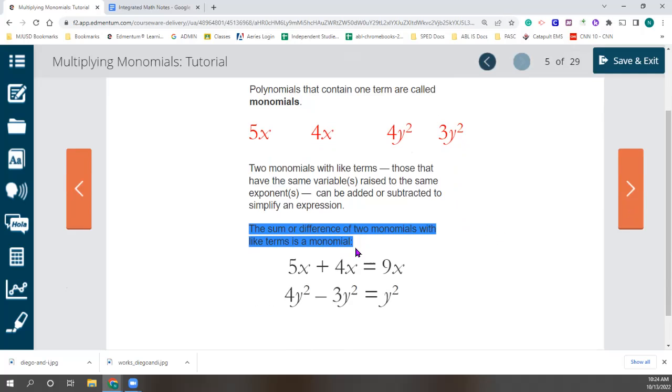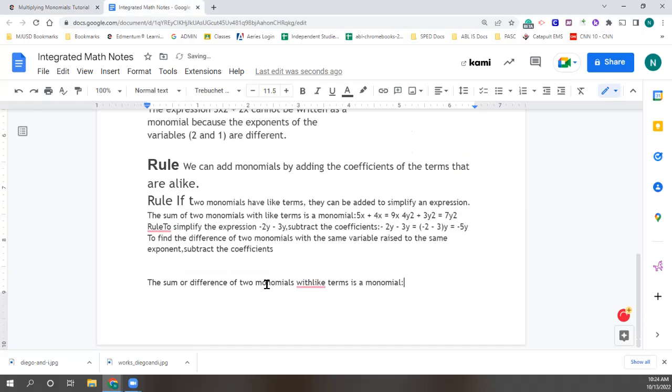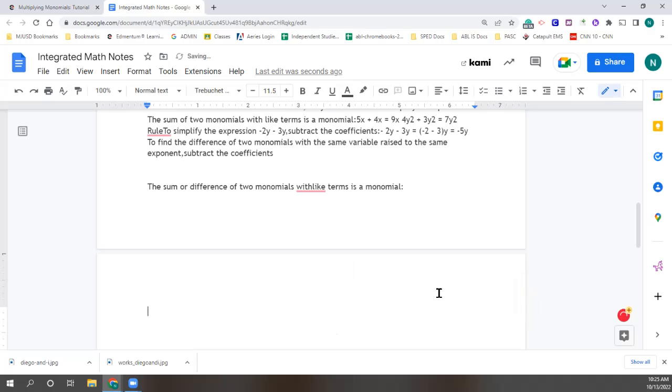So the sum or difference. The sum equals the answer to an addition problem.